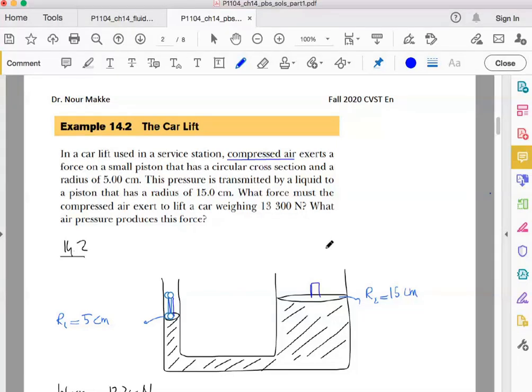Obviously, we are here in the case of a hydraulic press, so we can use the equations that we know. We are asked how much force must be exerted by the air. The air is exerting a force F1 on this piston, and it will get F2 on the other piston, which is equal to the weight of the car, 13,300 Newton.